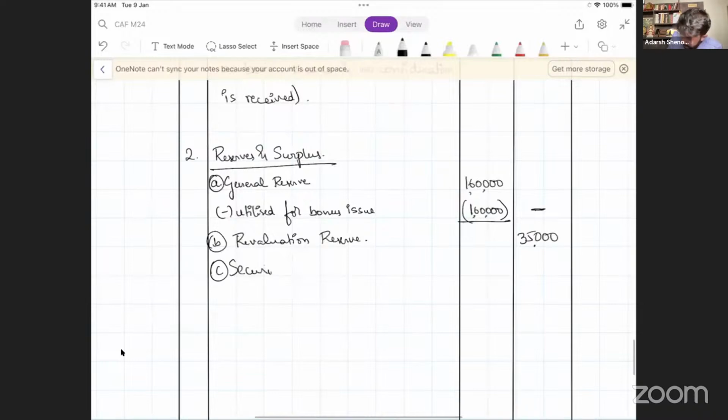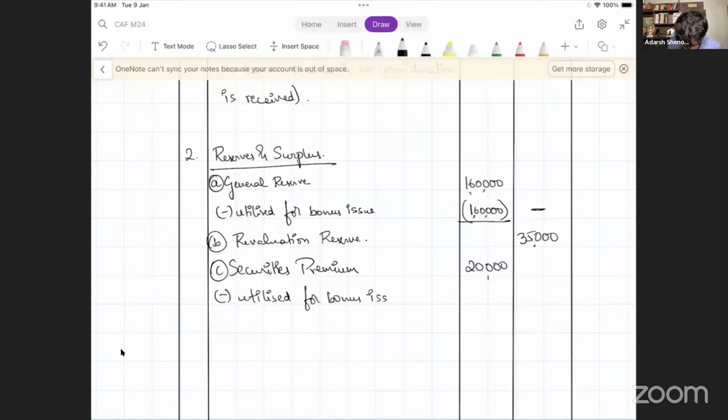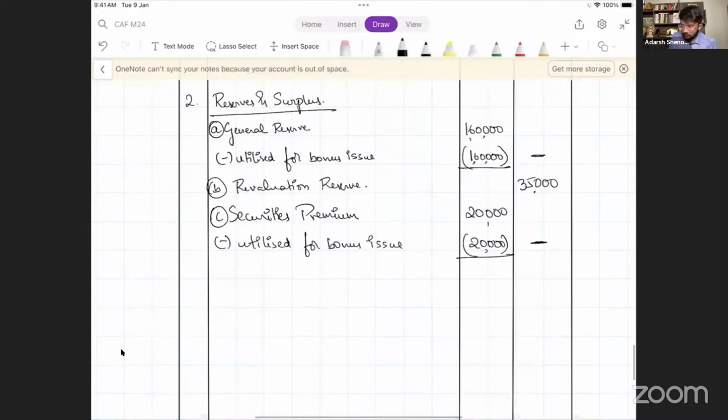Securities premium. 20,000 was there. There is adjustment. I have utilized it for bonus. Full 20,000 has been utilized for bonus, right? So nothing is left.